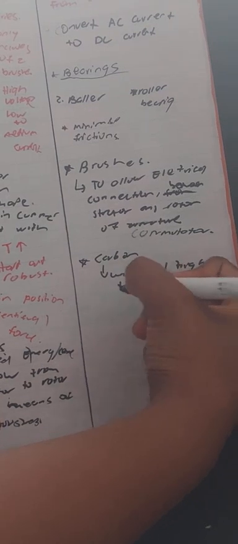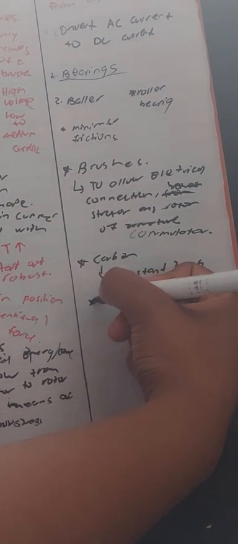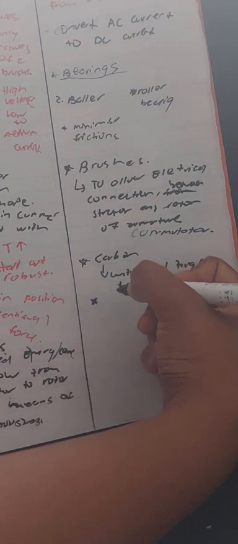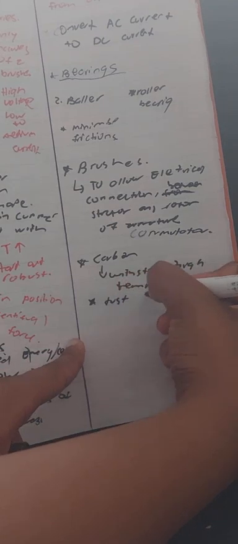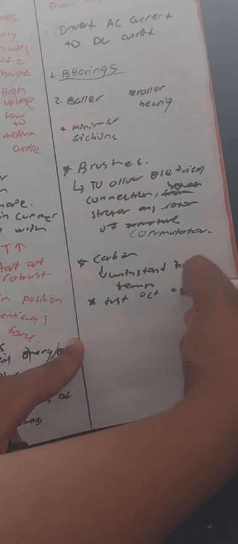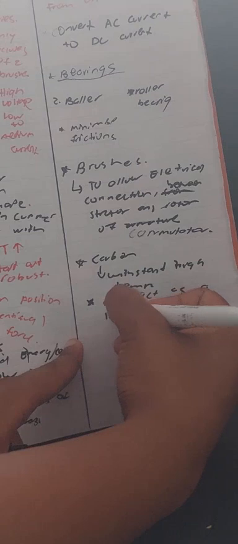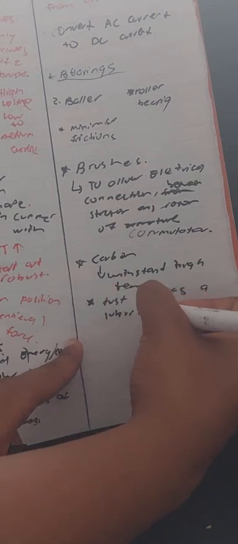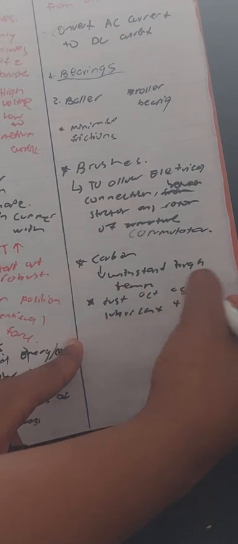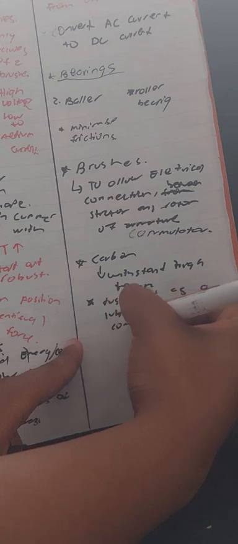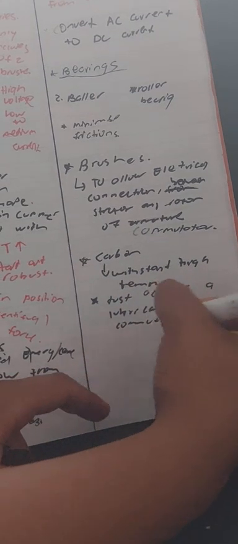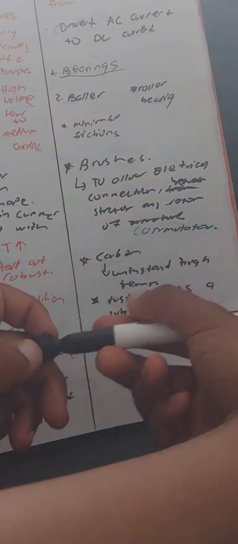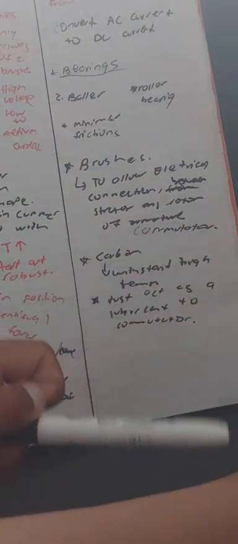They use it because it can withstand high temperatures, and they also use it because carbon dust acts as a lubricant to the commutator, which helps the commutator to supply electricity easily.